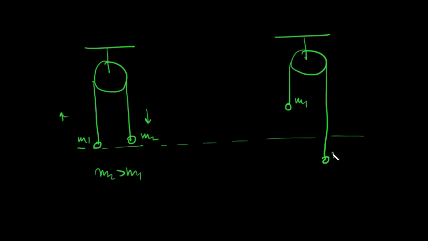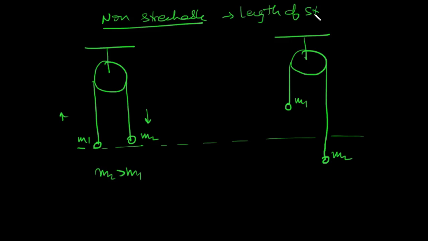Now the string is non-stretchable. I have assumed this string is non-stretchable, so the length of the string will be constant at any point of time: L equal to constant.